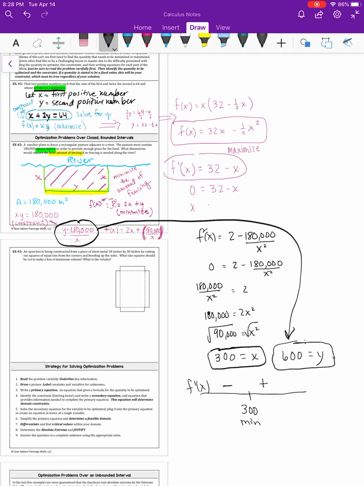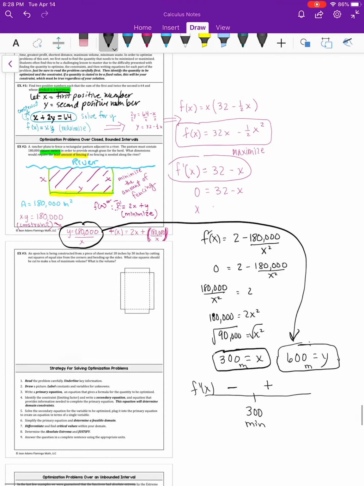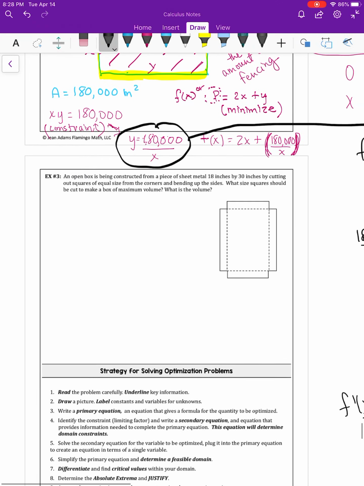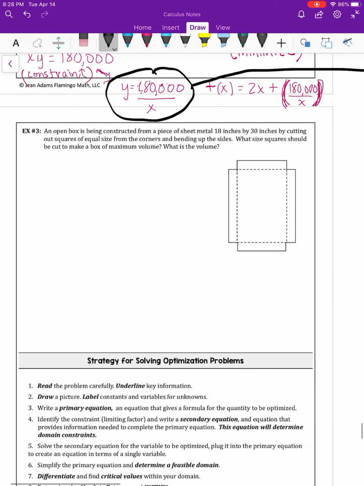So for those constraints, the minimum fencing is going to be when your x is 300 meters and your y is 600 meters. That is going to minimize the amount of fencing that you need.